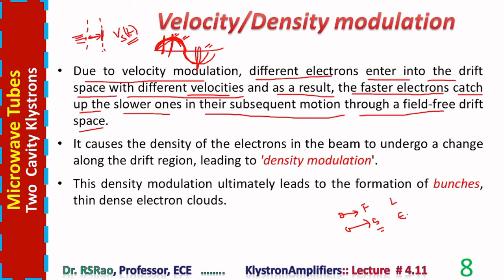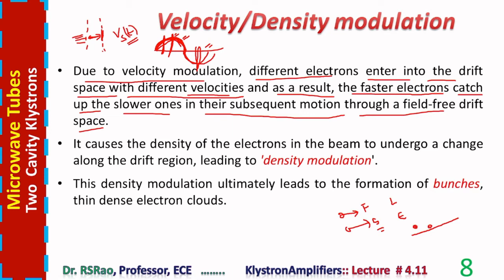Because of this difference in entry timings of the slower and faster electrons into the drift space, there exists a chance. In fact, it is a reality that while the electrons are traveling in the drift space, faster electrons catch up the slower electrons. Initially, faster electron may be here, slower electron may be here.